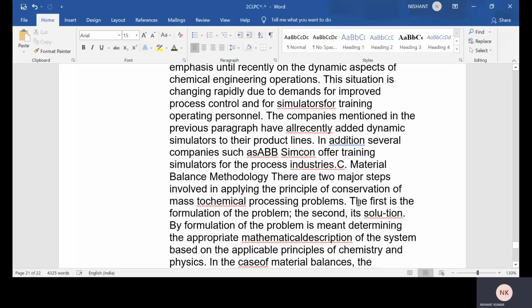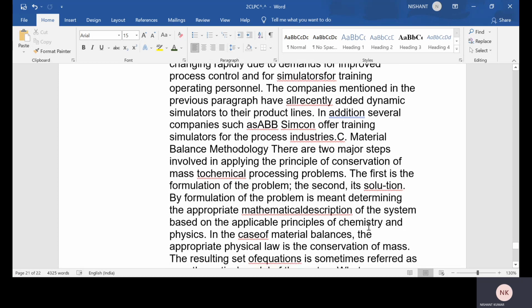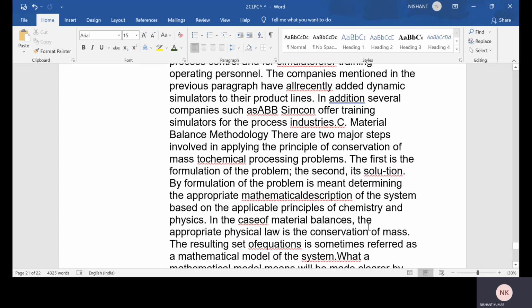The companies mentioned in the previous paragraph have already added dynamic simulation to their product lines. In addition, several companies such as ASEA Brown Boveri and Simcon offer training simulation for the process industries.